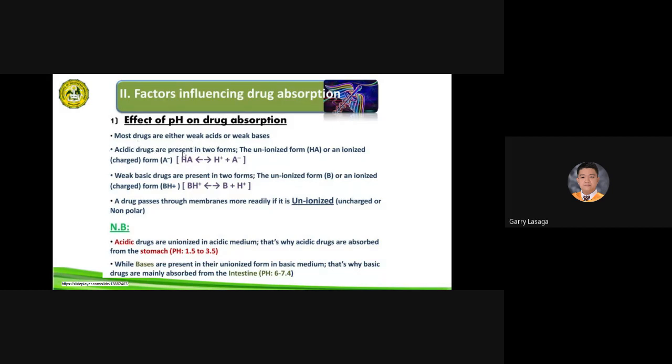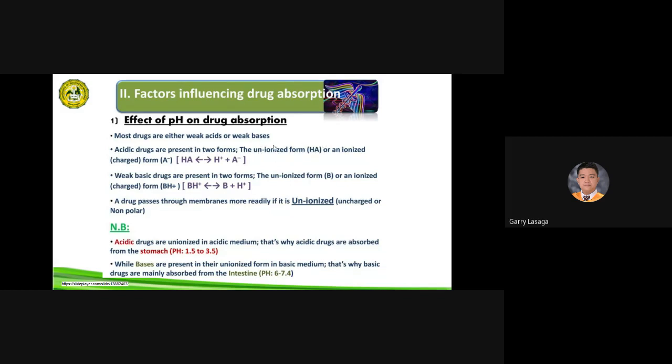So acidic drugs are present in two forms. They can be present either in the unionized form or the ionized form. The difference between the two is that the unionized form of the drug does not contain a charge.